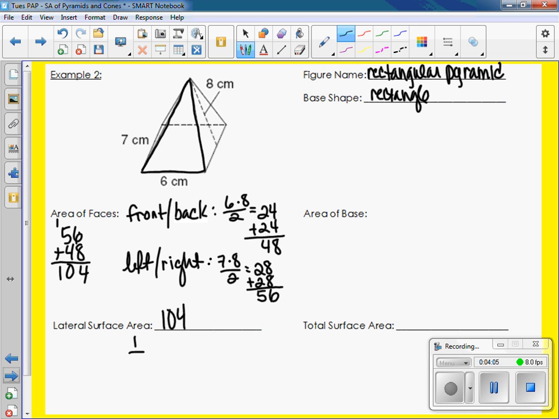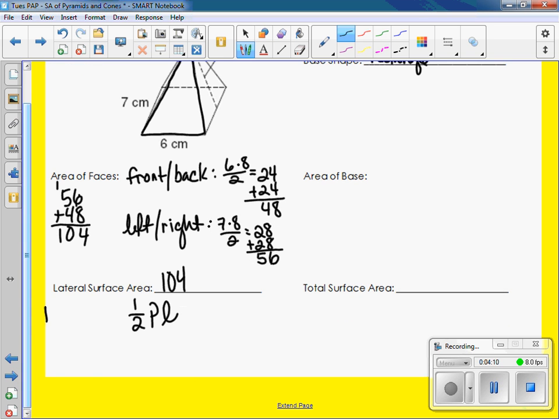If you use our formula, 1/2 perimeter times slant height, the perimeter is 6 plus 6 plus 7 plus 7. That's going to be 12 plus 14, which is 26. And then the slant height is 8. So 1/2 of 26 is 13, and 13 times 8 is 104. So this does indeed work.